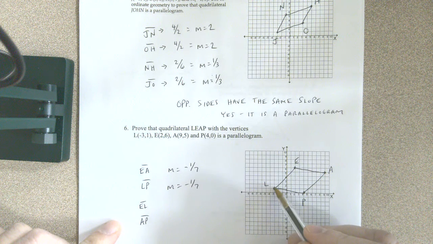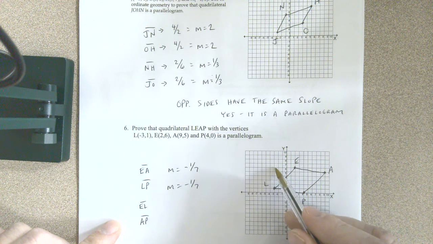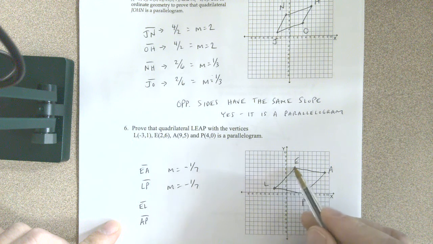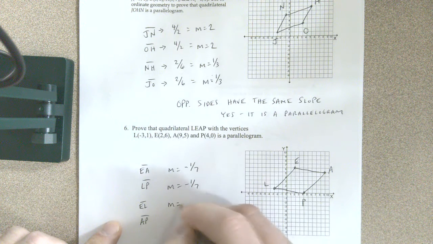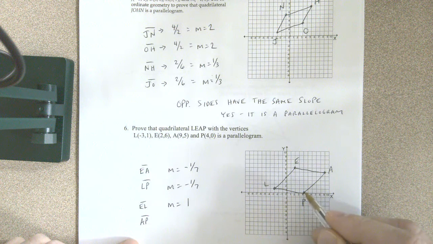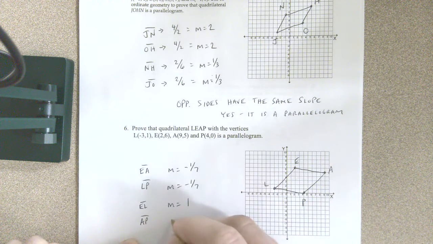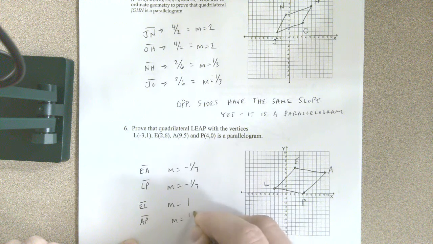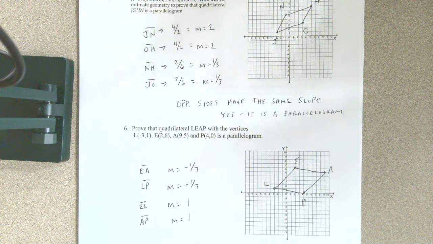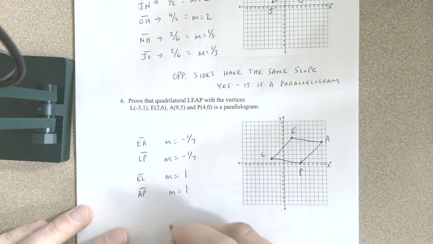EL, let's start at L. I'm going to go up 1, 2, 3, 4, 5, and over 5. So 5 over 5 gives me a slope of 1. And then AP, I'm going to go up 5 over 5. So again, a slope of 1. So very similar to the first problem.